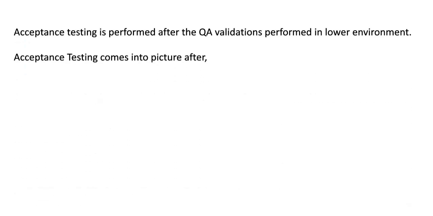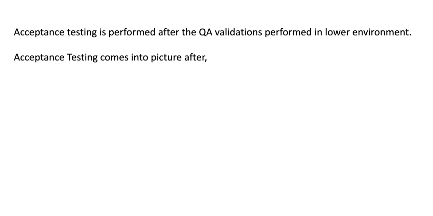Acceptance testing is performed after QA validations are performed in a lower environment. So before it comes to me, you have to validate from your QA aspect. All the validations will be done as part of QA validation, and then it will reach me.